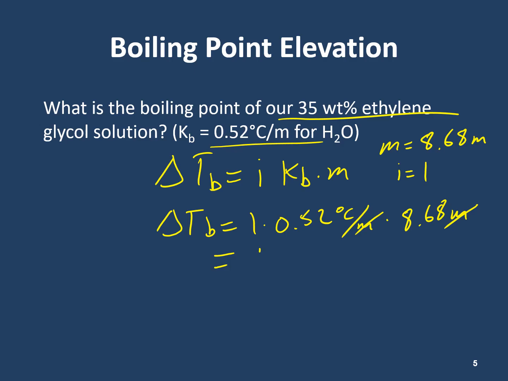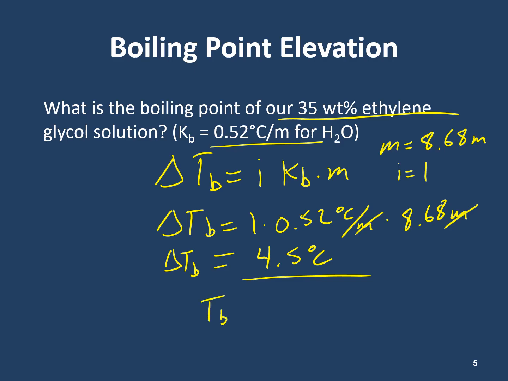This gives me a boiling point elevation, or a change in our boiling point, of 4.5 degrees Celsius. Again, this isn't our new boiling point. Remember, boiling point elevation, we're increasing our boiling point by this much.